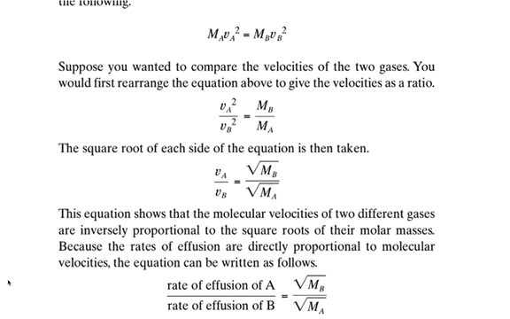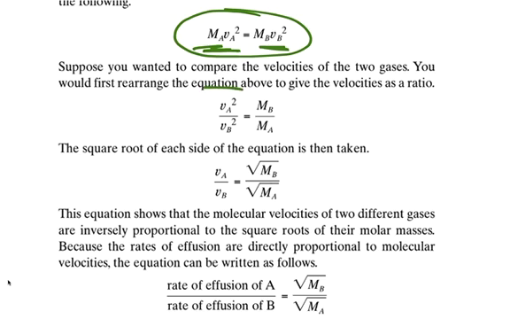We get rid of the 1/2, since it is on each side, by multiplying both sides by 2. And so now we have a different relation: mass times velocity squared equals mass of the other gas times velocity squared. Again, this is for two gases at the same temperature.